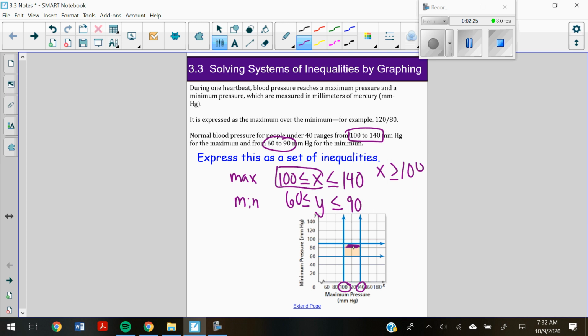Okay, and then less than 140, so we shade to the left. This is just shaded in where it overlaps. Okay, then we see the same thing with the y's. Here's our 60, here's our 90. We're going to shade below 90 and we're going to shade above 60. So that little yellow box, well, which is now purple, is our solution set.